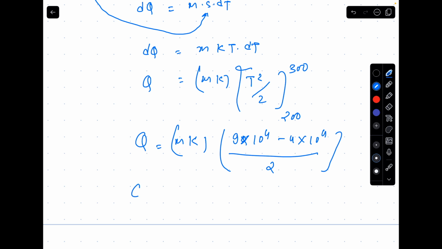M is 1, mass is just 1 kg, so k times of this value, and that is 9 minus 4, 5, 5 divided by 2, 2.5, 2.5 multiplied by 10 to the power 4 is 25000.